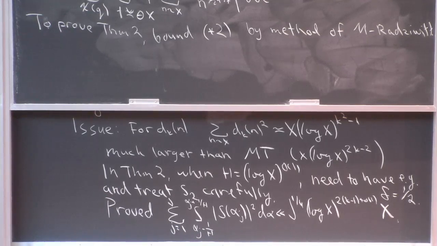So we start by using a Heath-Brown identity, which is a variant of the Vaughan identity I showed you before, and which allows us to reduce to studying divisor functions, essentially.